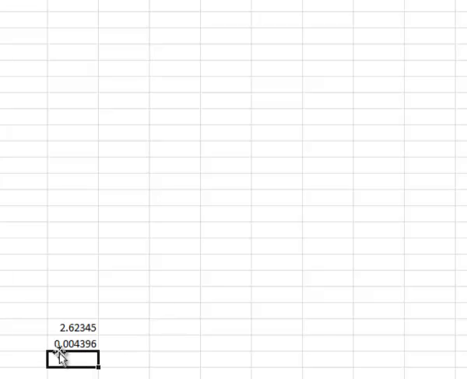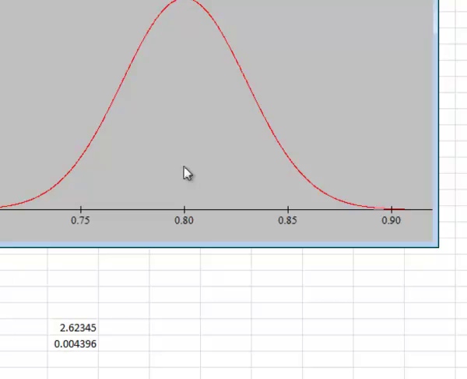So this is 0.0043. So what this is indicating is that this value, if it's truly 80% passing, sample average, is unusual. So looks like we're really close to this part right here. A very unusual result if indeed the true sample average should be 80%.